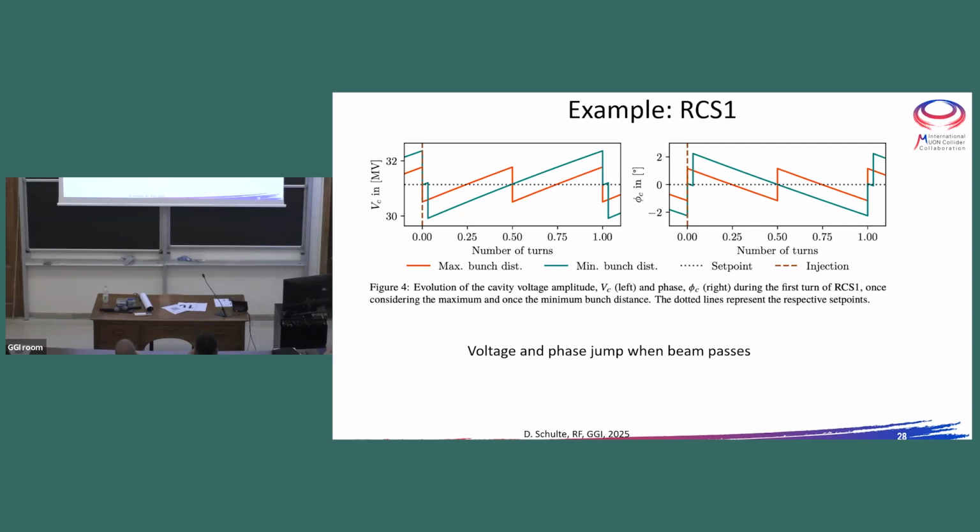And so what you see here is that the voltage in the cavity really changes in a strong way. So this is the voltage before, then it's reduced substantially by extracting the energy, and then it's recovered with the RF, and then it comes back.